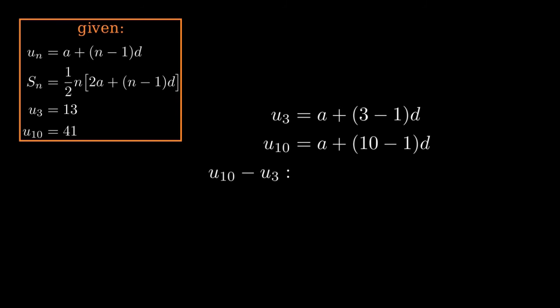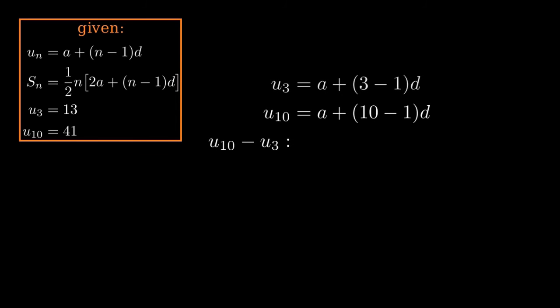And so we basically have simultaneous equations. So you choose your strategy here. This is my strategy. This would probably be everybody's strategy, I guess. We're going to subtract U sub 3 from U sub 10. Okay, so we put in the 41, which we know.